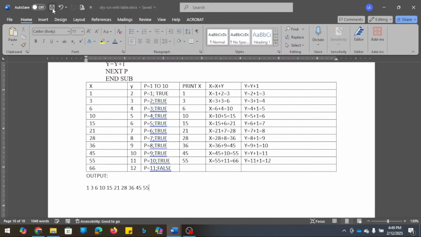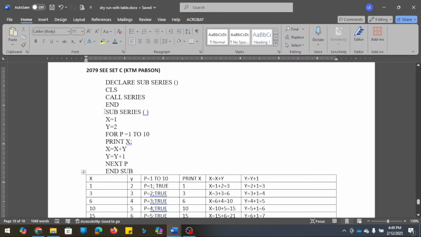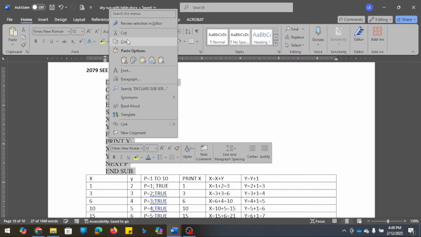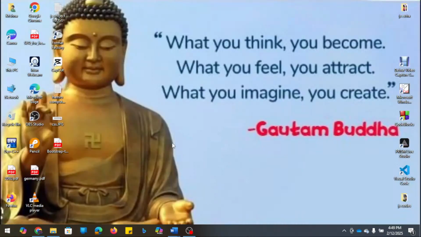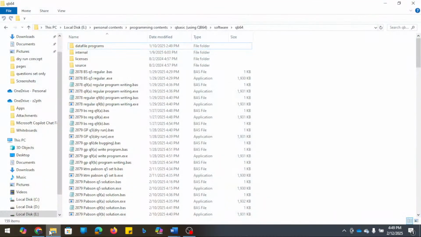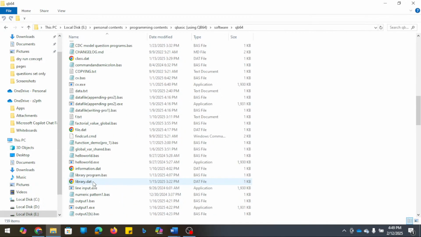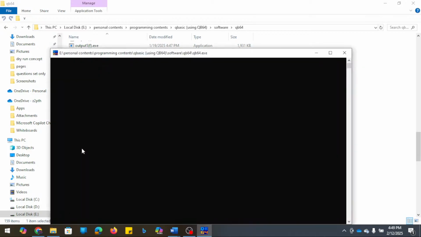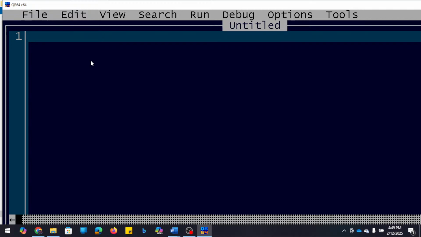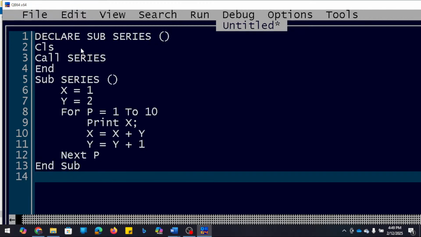Okay, to verify it, let's run the program using the interpreter. Let's paste it. Let's save it.